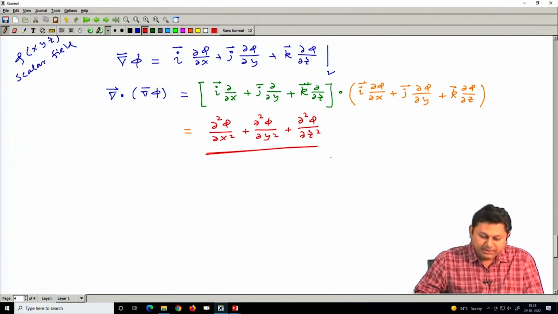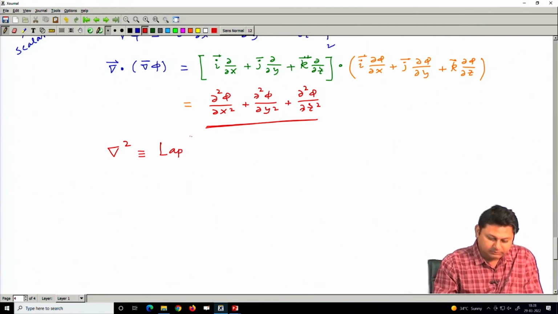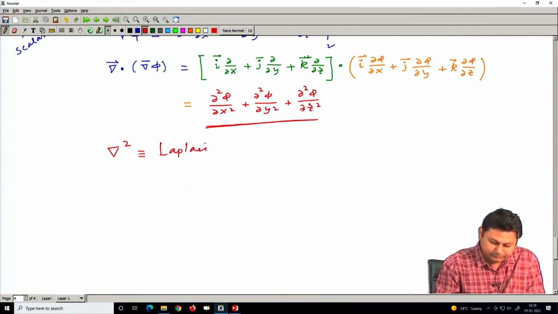Now, this operator has a name, and we call it the Laplacian operator.